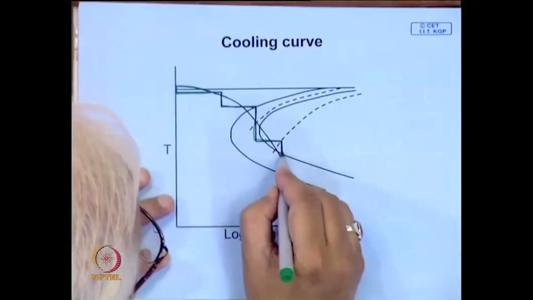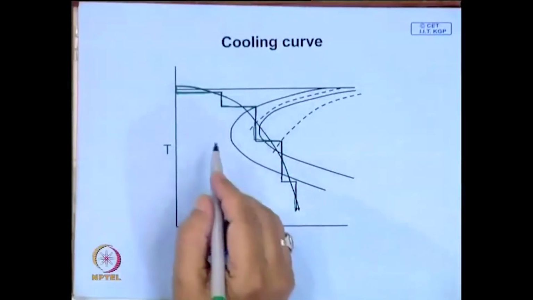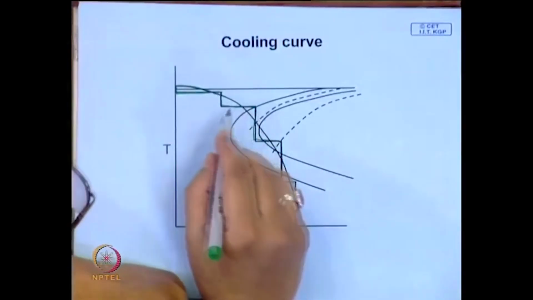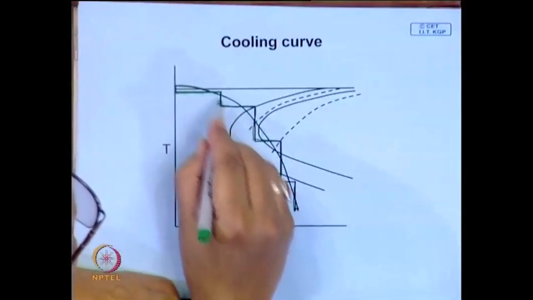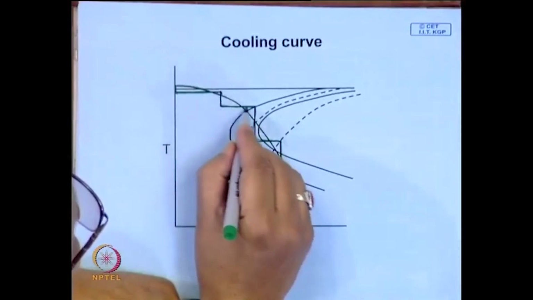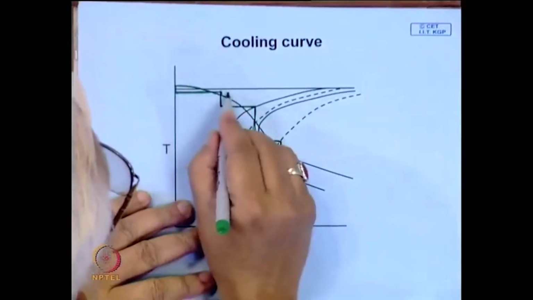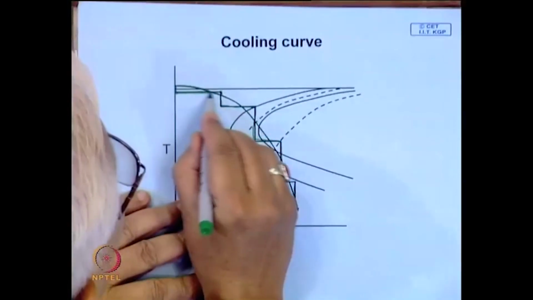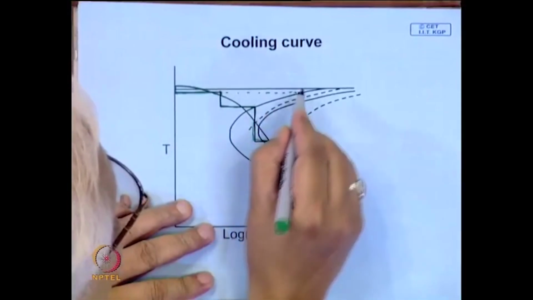I have drawn a very coarse step, it can be made even finer. Now, when you are cooling, this is the hold time. The hold time at a particular temperature is quite easy to find out, and here is the transformation.